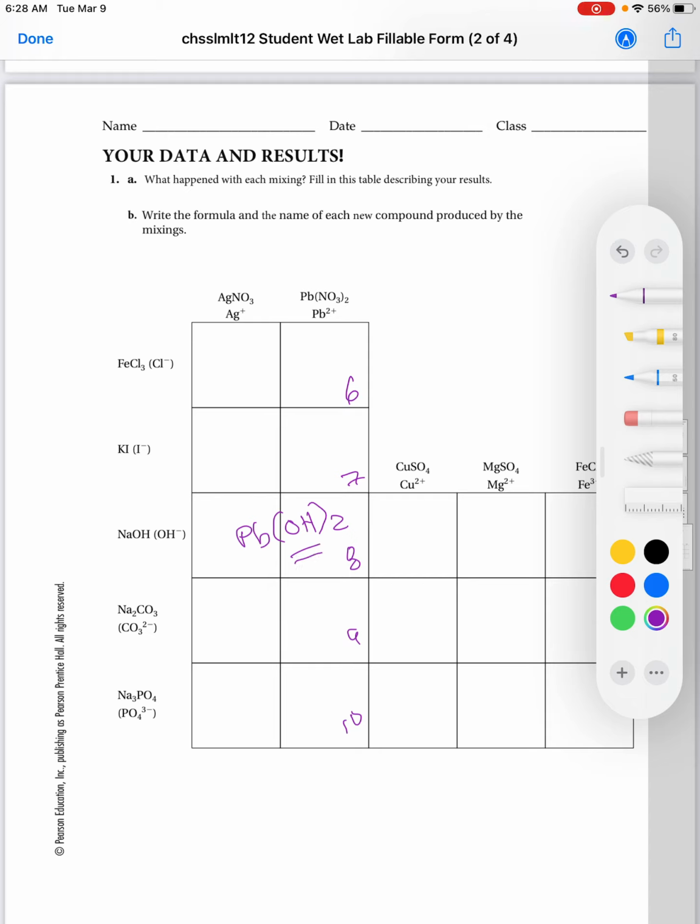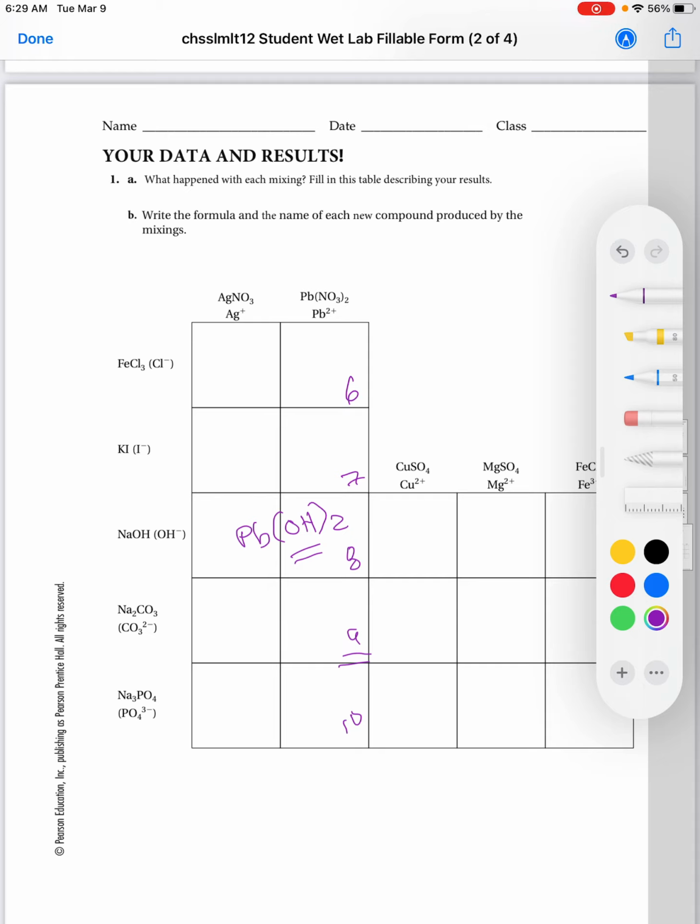The next one down is lead 2 carbonate, PbCO3. We've made a new precipitate. We're going to talk about these precipitation reactions in a bit, but we're starting early. It was a white precipitate. It is PbCO3, and it is lead 2 carbonate for number 9.